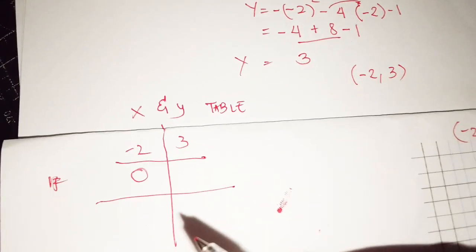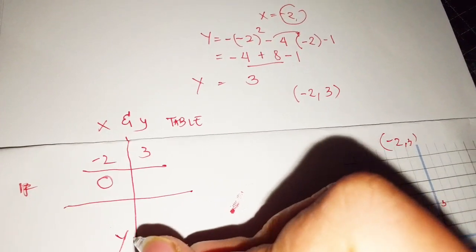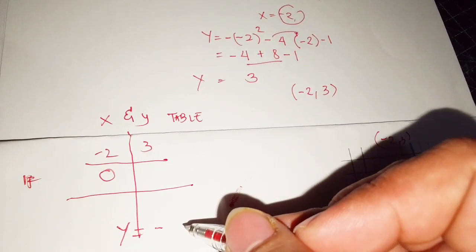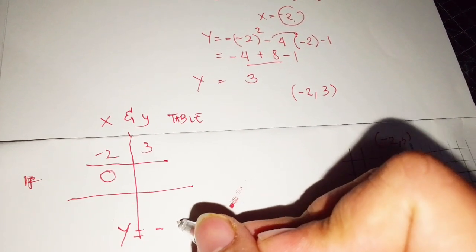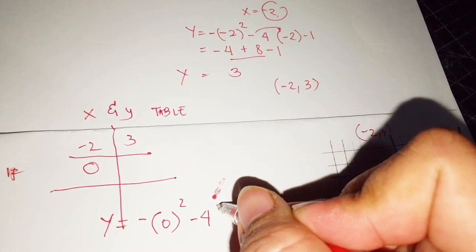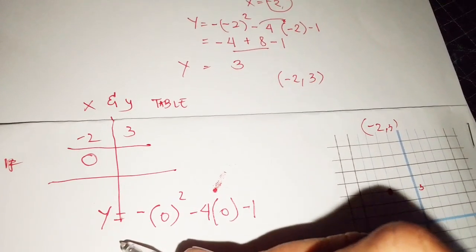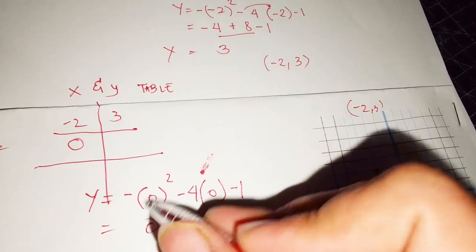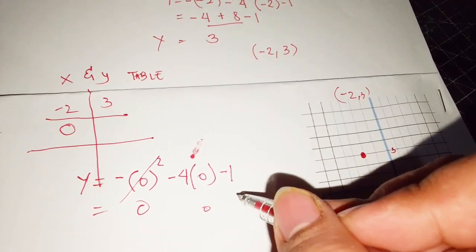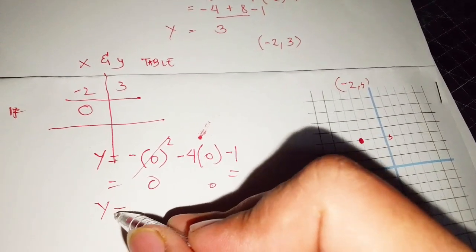You go back to the equation above and operate. y is equal to negative 0 squared minus 4 times 0 minus 1. 0 squared is 0, and 4 times 0 is 0, so y is equal to negative 1.